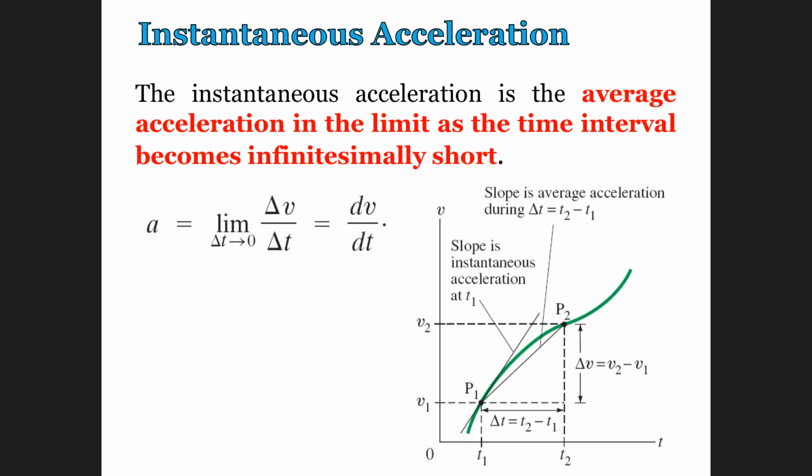Same goes for velocity. We have instantaneous velocity, and we also have instantaneous acceleration. Instantaneous acceleration is basically the average acceleration in the limit as the time interval becomes very, very short, infinitesimally short. In the easiest words, it is the acceleration at that particular time.